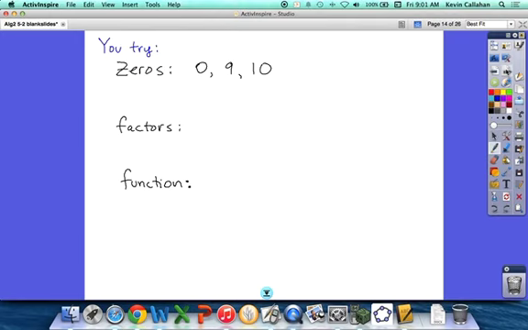What are the factors? Okay, so you're going to say the first factor, I'm sure almost everybody said x minus 0, right? And then what was the next one? x minus 9 and x minus 10.